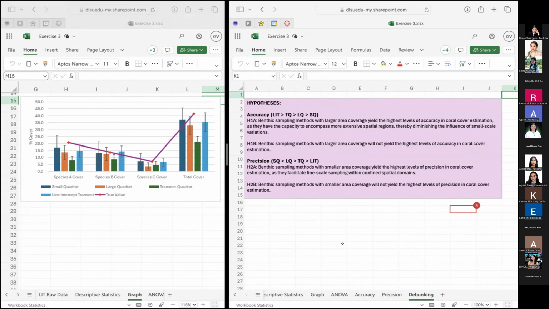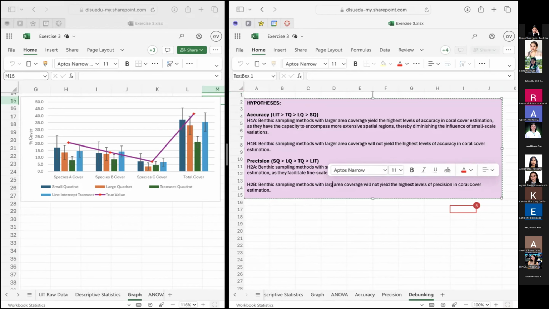And then yung H1B, benthic sampling methods with smaller area coverage will yield the highest levels of accuracy. And then ganun din for precision. Benthic sampling methods with smaller area coverage will yield highest levels of precision. And then H2B should be benthic sampling methods with larger area coverage will yield the highest level of precision.